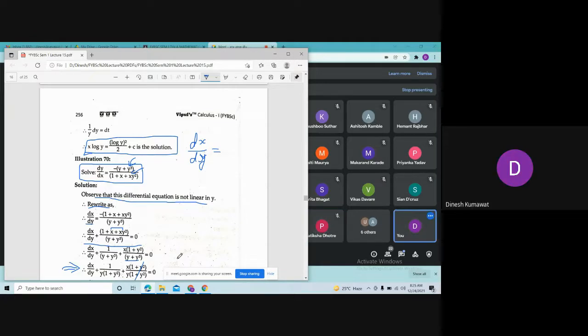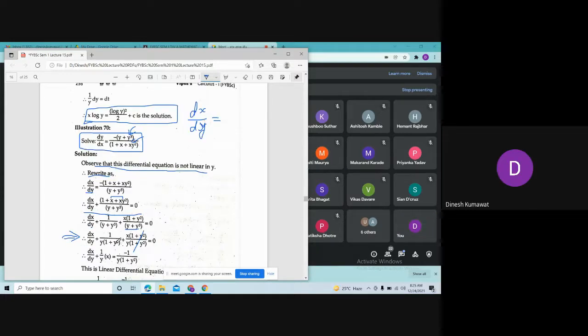Exactly. Is that clear to everyone? Yes, sir. Okay, so after rewriting this in standard form, we are having this situation. So here you can see P is nothing but 1 upon y and Q is nothing but minus 1 upon y into 1 plus y square.